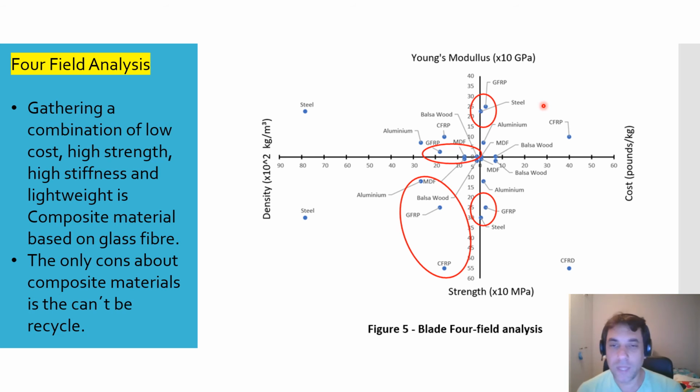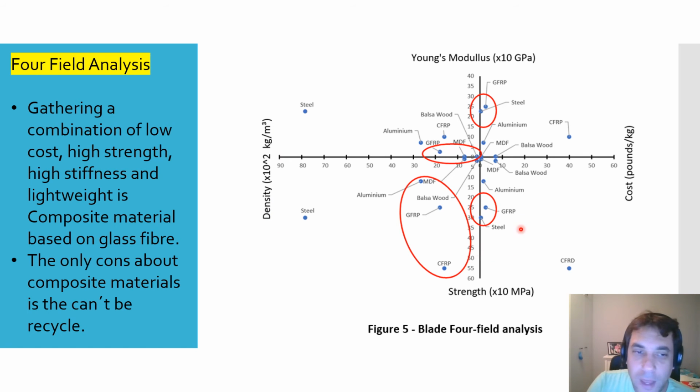Based on all that, the discussions and the maps that I did before, I made this four-field analysis graph that correlates here the strength of the materials, the stiffness of the materials, cost, and also the weight of the materials.